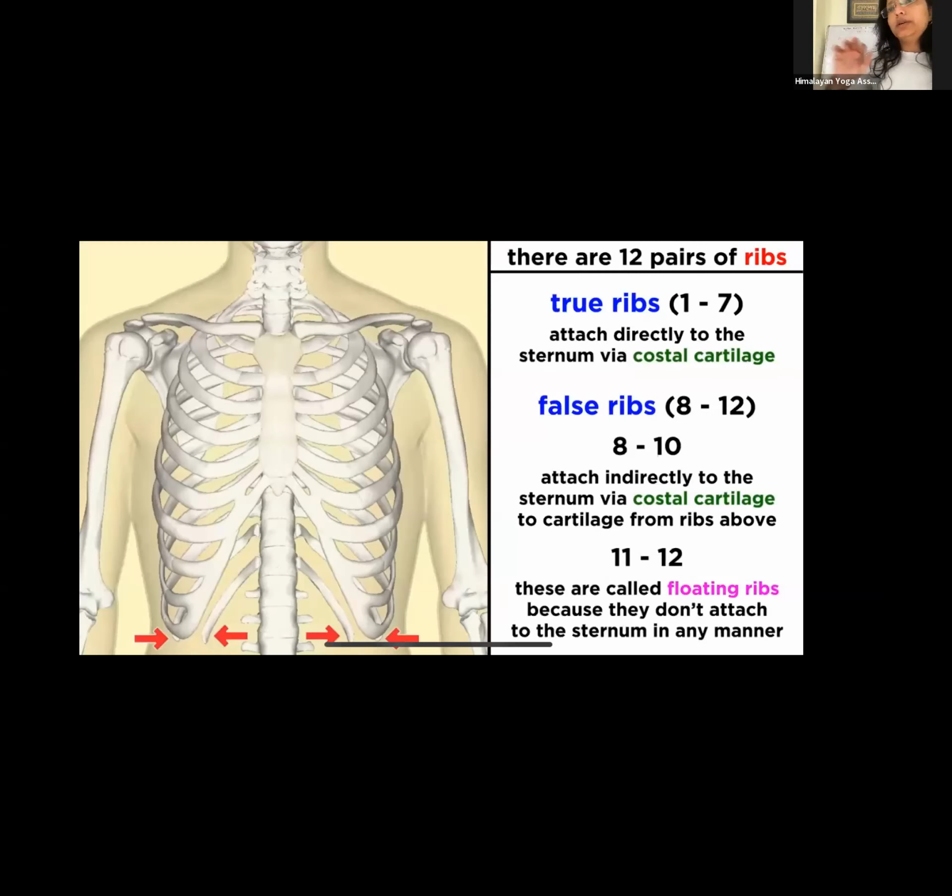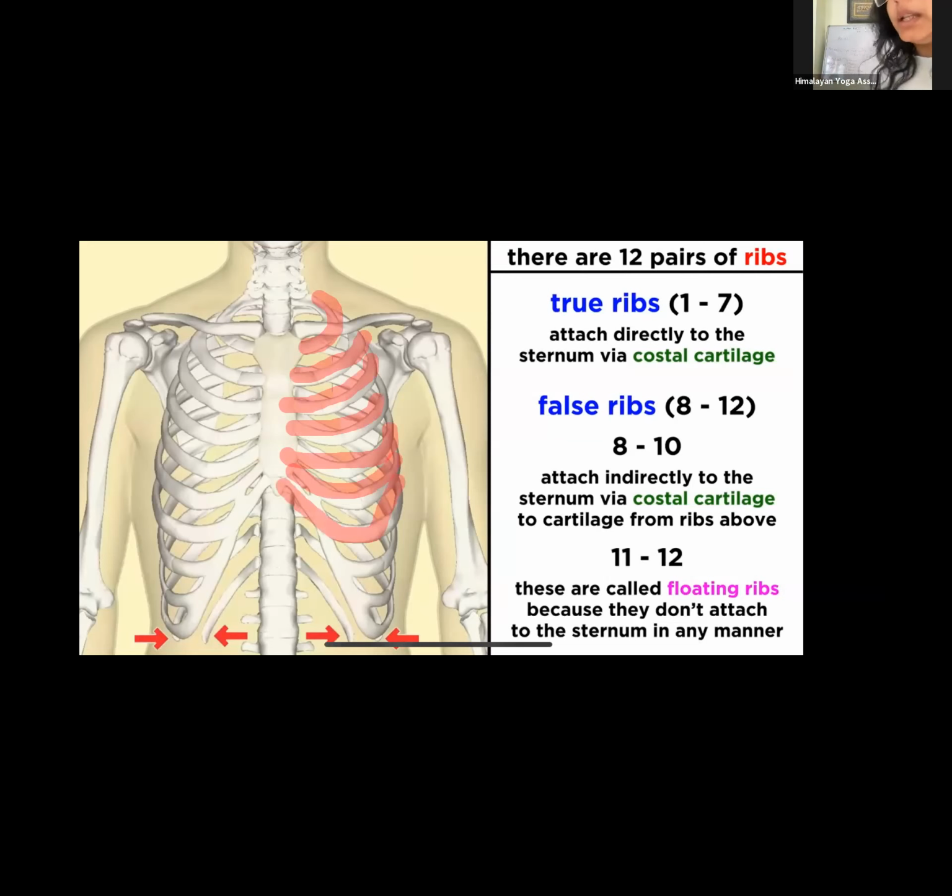Yeah, so here you see true ribs. Okay, so let's see. Highlighter. You see here 1, 2, 3, 4, 5, 6, and 7.